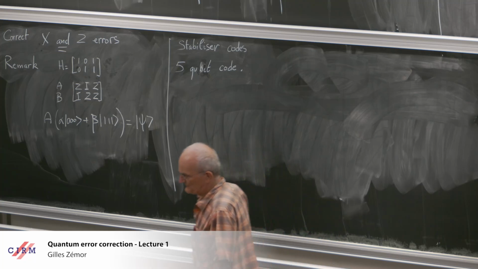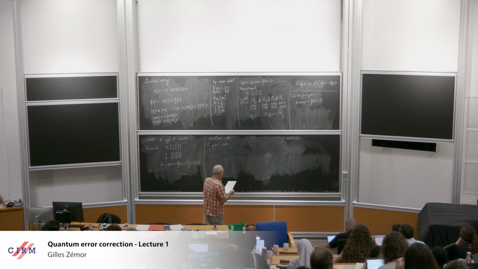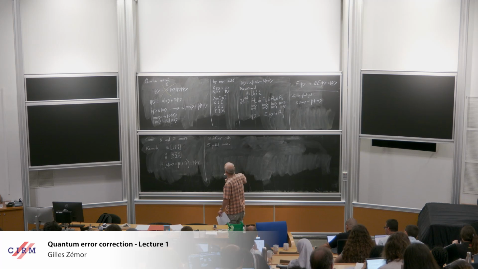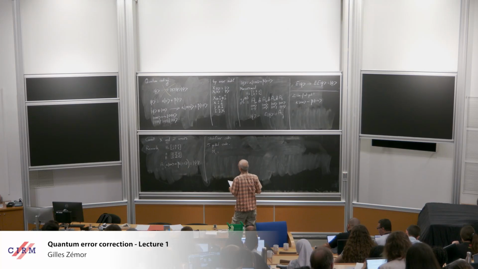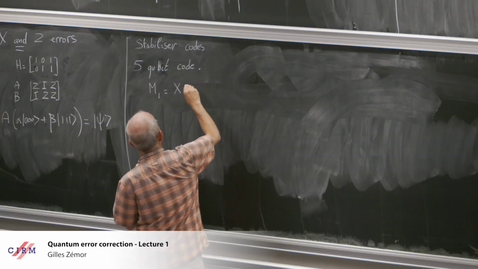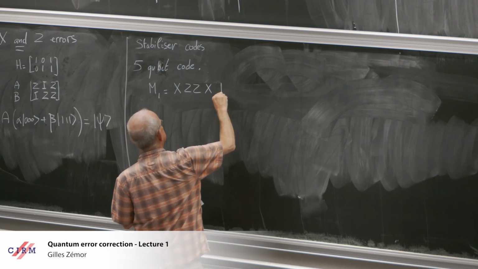So let me do this. I'm going to define 4 Pauli operators. Which ones? These. So let me define M1 as X, Z, Z, X, identity.